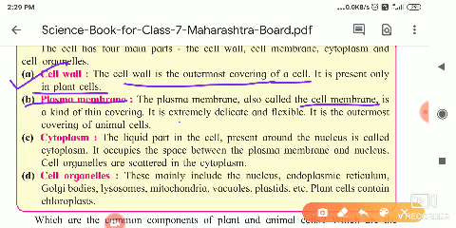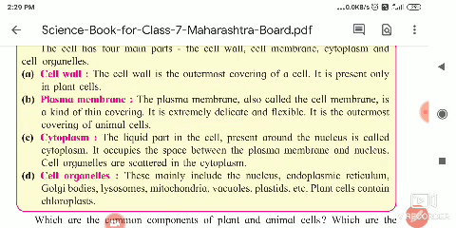It is extremely delicate, very delicate, Nazuk we say in Marathi, and flexible like rubber. It is the outermost covering of the animal cell. In the animal cell, the outermost covering is the plasma membrane or the cell membrane, and in the plant cell, the cell wall is the outer covering.